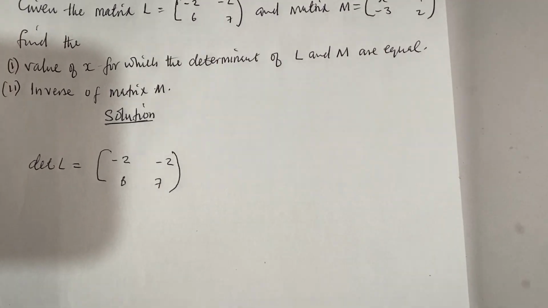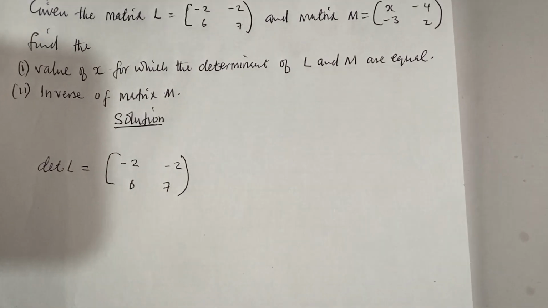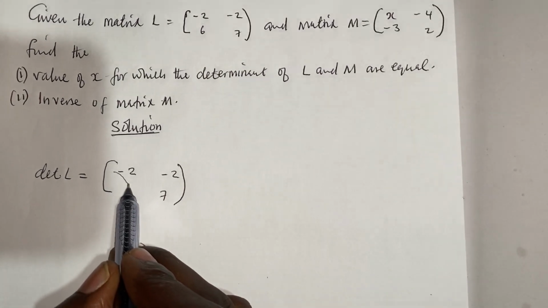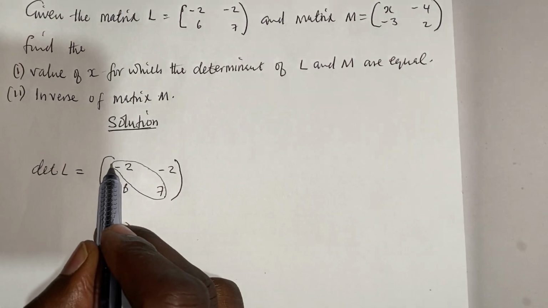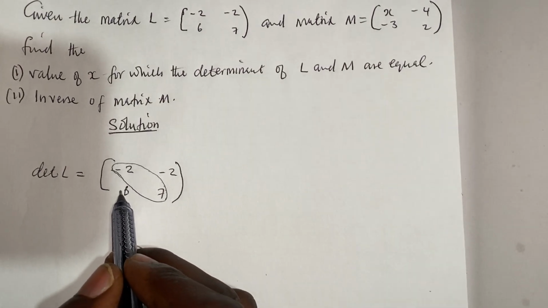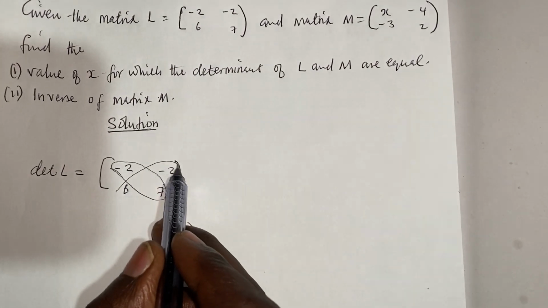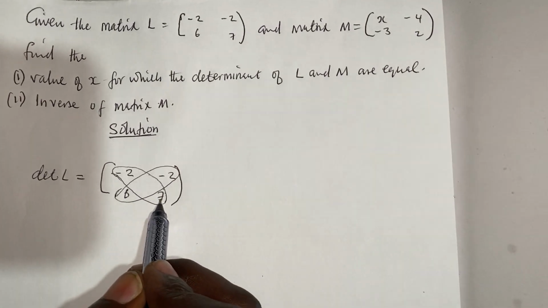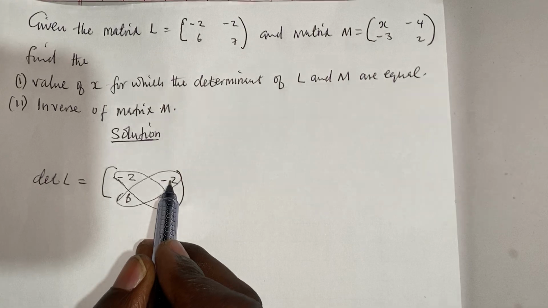This is how you find the determinant: the product of the major diagonal minus the product of the minor diagonal.